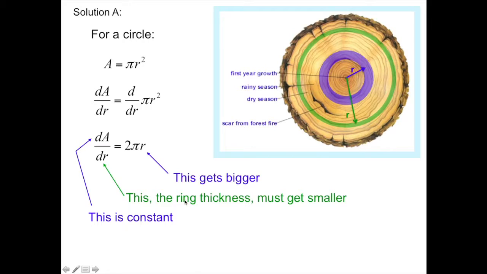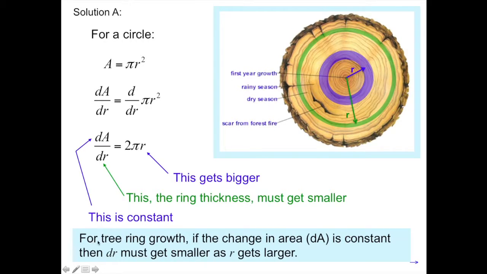So it's making that donut skinnier. So what's happening with tree growth is that if the change in the area, dA, is constant, then the rings must get closer together as that tree gets older. So that's an example of tree growth where we can use that derivative to talk about the rate of tree growth in a particular year.